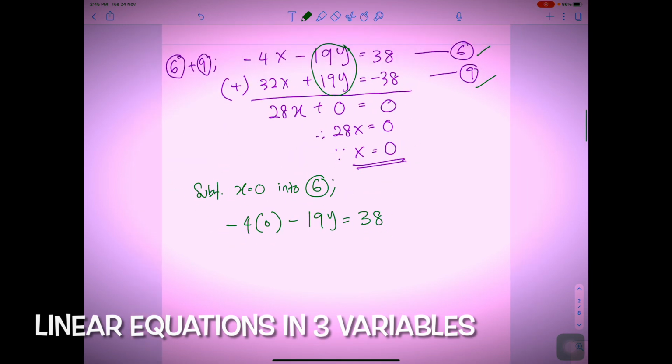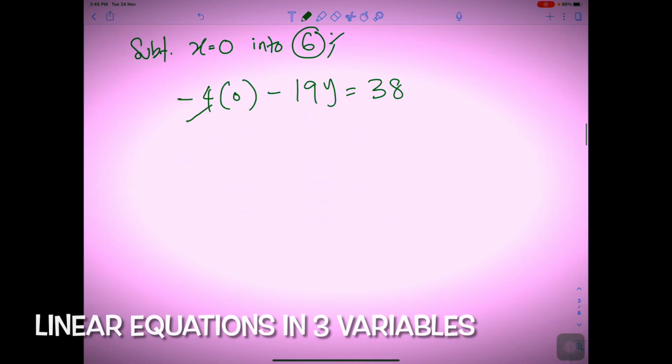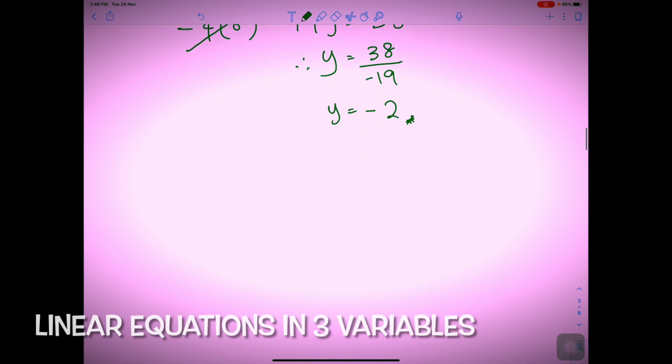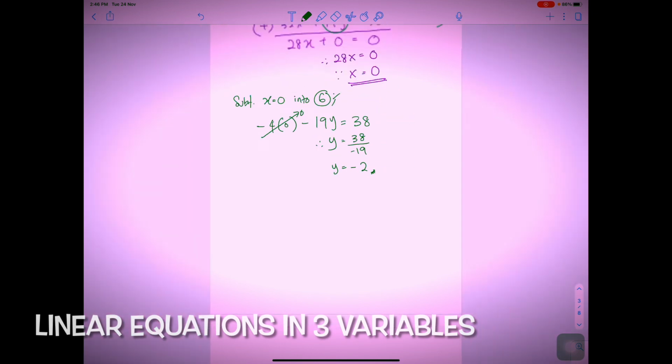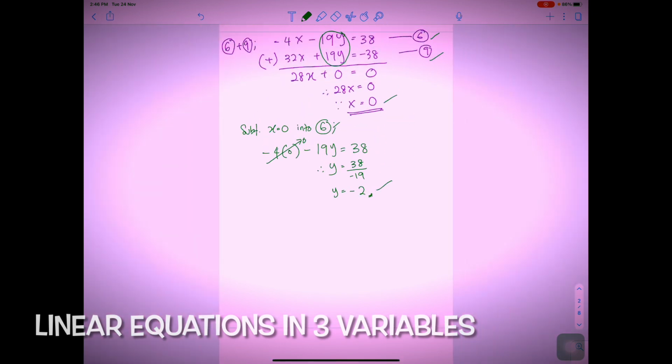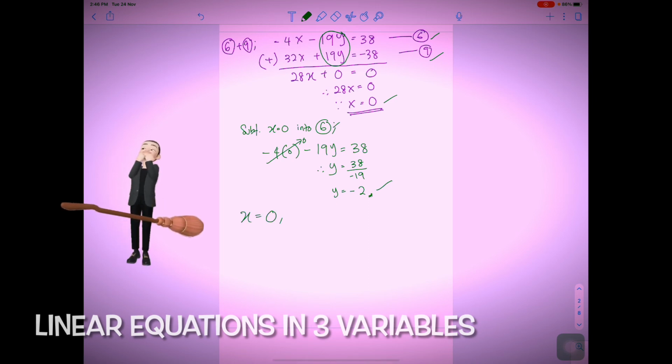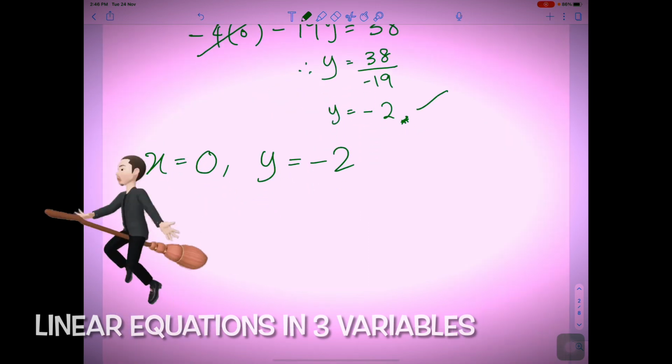Because I substitute into equation 6, negative 4 times 0 equals 0, so negative 19y equals 38, therefore y equals 38 over negative 19, y equals negative 2. So we get x equals 0 and y equals negative 2.